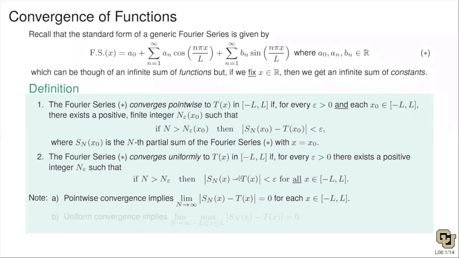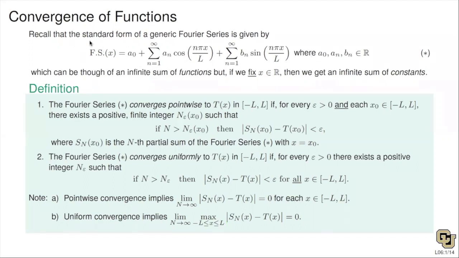For uniform convergence, we're saying the maximum distance. So every x value will always, as n goes to infinity, be within a certain tolerance level, and they'll all be within a certain amount of accuracy.